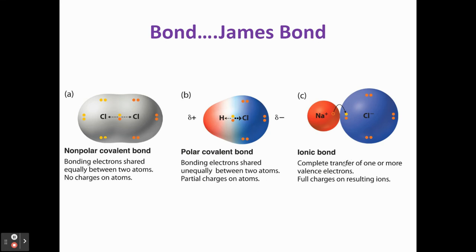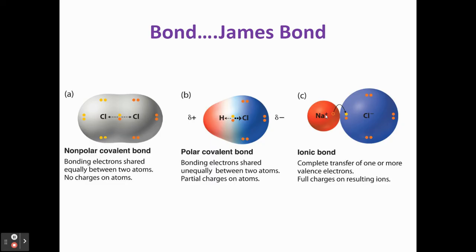An ionic bond is something different. That's when there's a complete transfer of electrons from one atom to another. In this case, if you remember, sodium only has one valence electron. Chlorine has 7 valence electrons, and chlorine is neutral with 7 valence electrons.